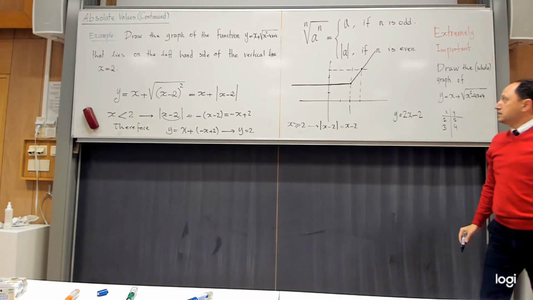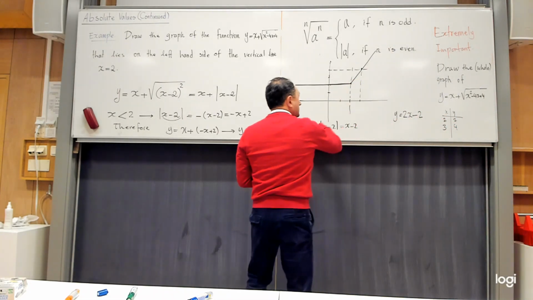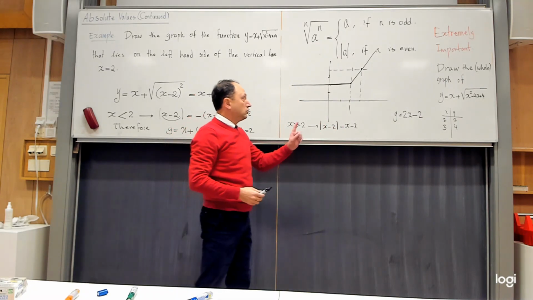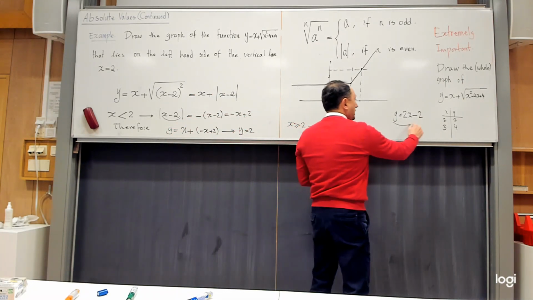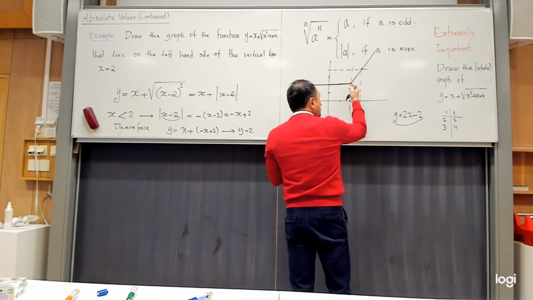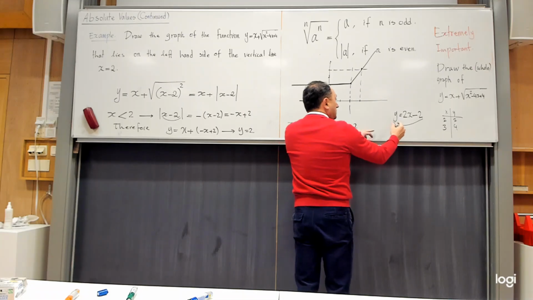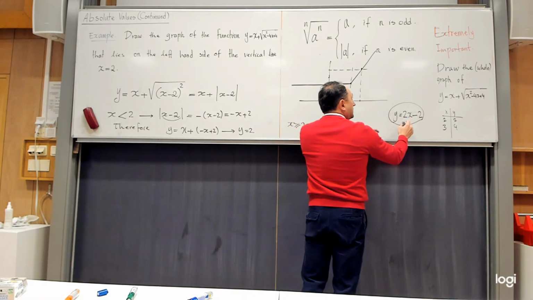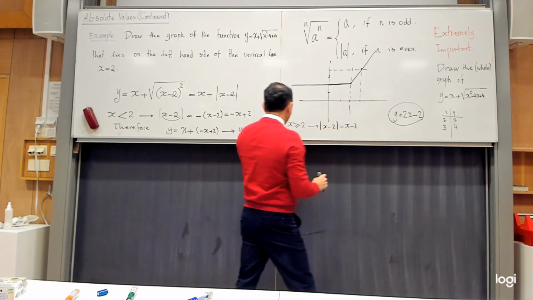Okay, the question is, should I also go in this direction? No, because even though this straight line goes to infinity in both directions, I shouldn't continue in this direction because this becomes the graph only if x is larger than 2.